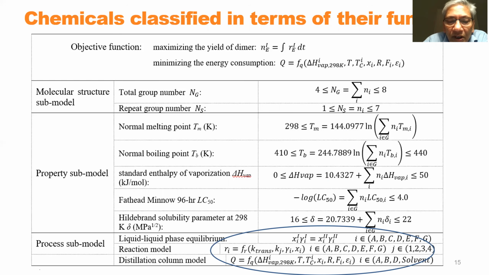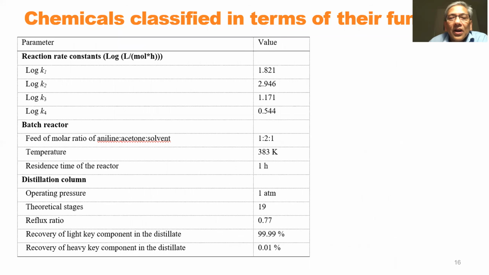The reaction model is there. The distillation model is there. These are not single equations; there are many equations in here. And this kind of problem also requires parameters like the reaction rate constants and number of stages. The number of stages is not a design variable here, it is fixed.